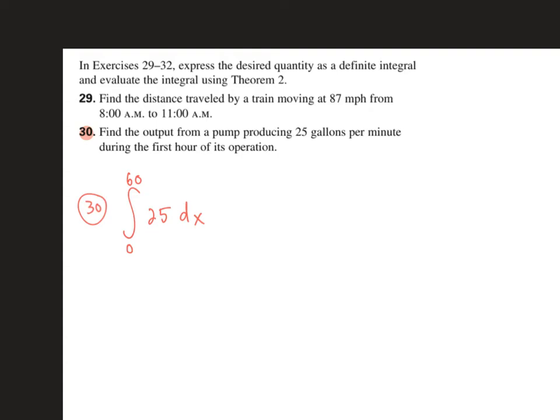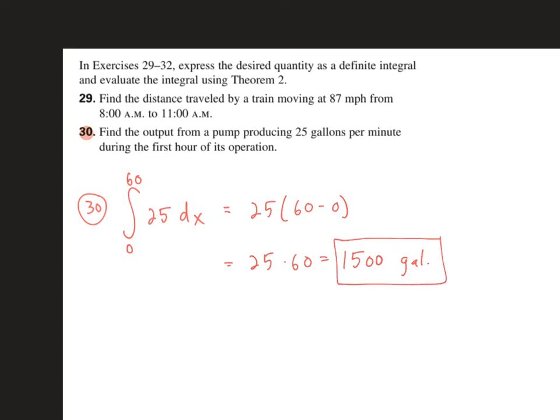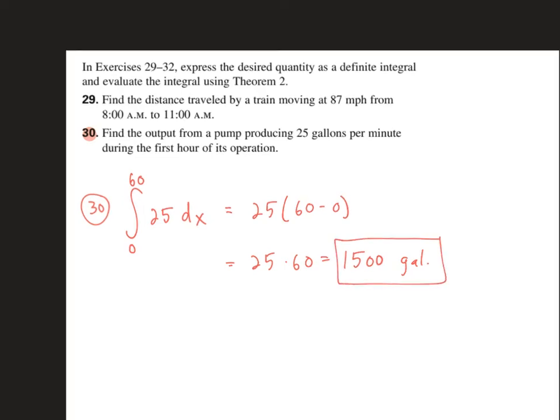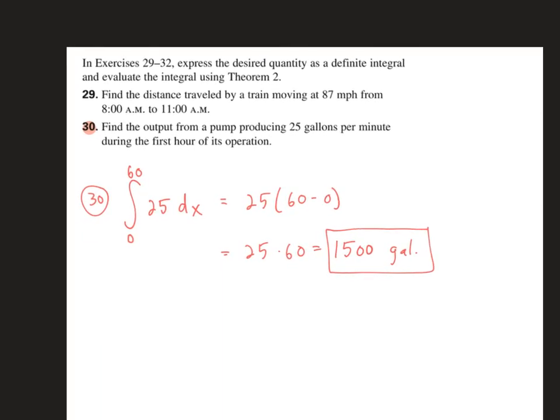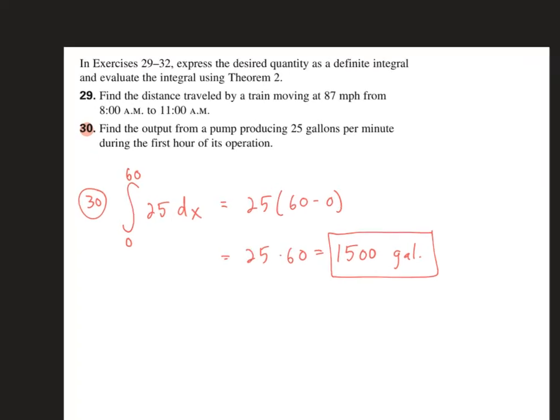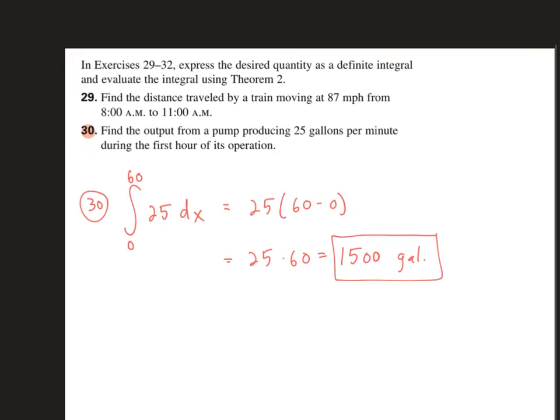Then we have that theorem that says it's the constant times b minus a, which is 1500, and this is gallons. We did this the calculus way, but we could have done it the more algebra way, which is rate times time, and that's like work done.